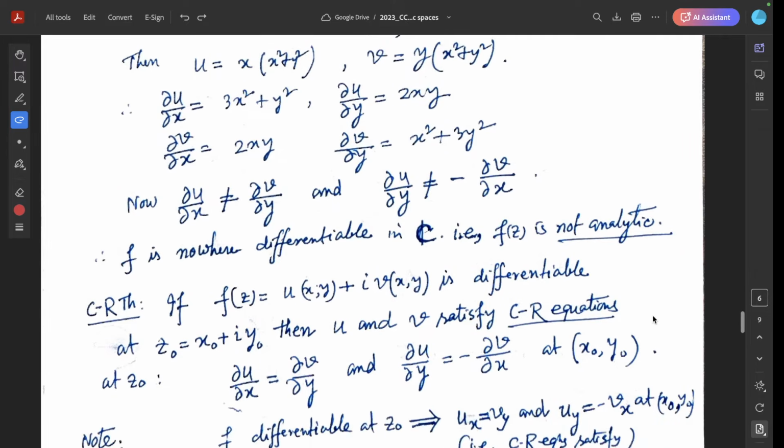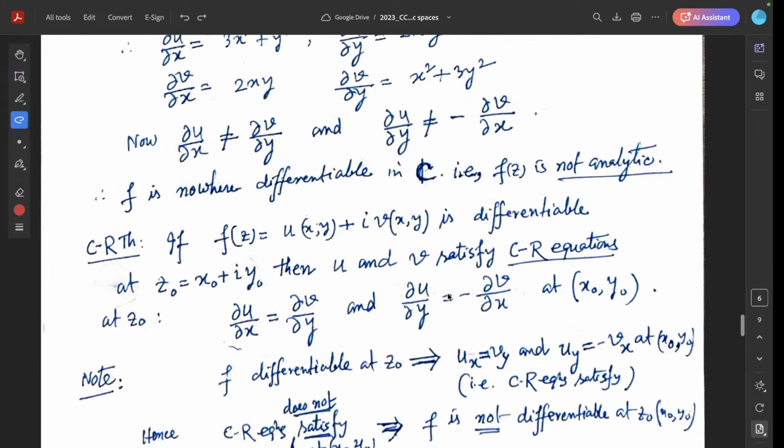Actually, this is the Cauchy-Riemann theorem. If f of z equal to u of x, y plus i v of x, y is differentiable at the point z0 equal to x0 plus i y0, then u and v satisfy the Cauchy-Riemann equations at the point z0, that is u x equal to v y and u y equal to minus v x at the point x0, y0.